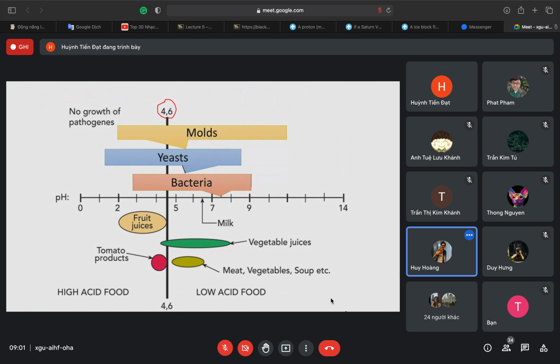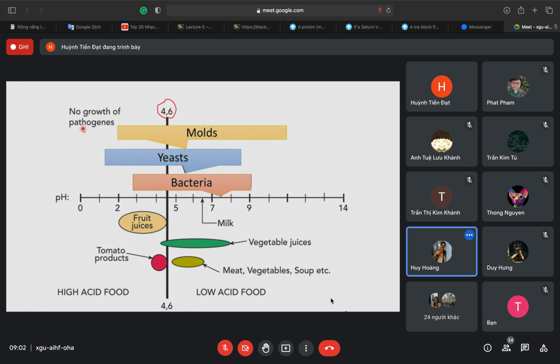So what do you mean by the value 4.6? Okay, 4.6 means that below this, there are no pathogens. Even so, mold, yeast, and bacteria can grow, but all of them should be in the spoilage form. It does not cause disease.